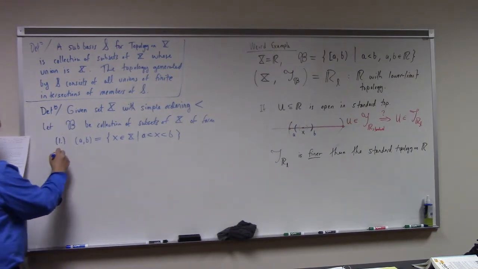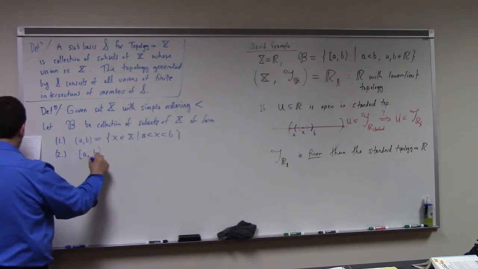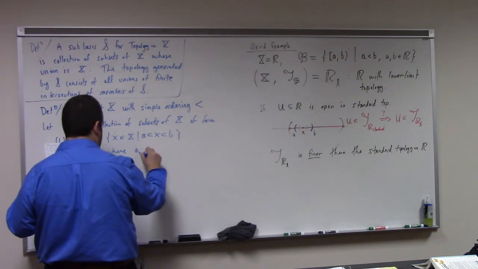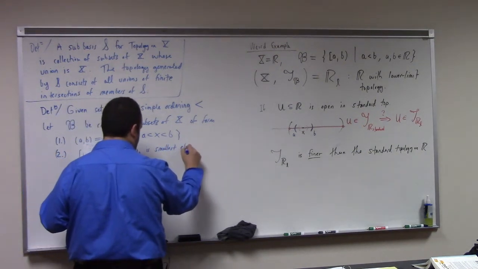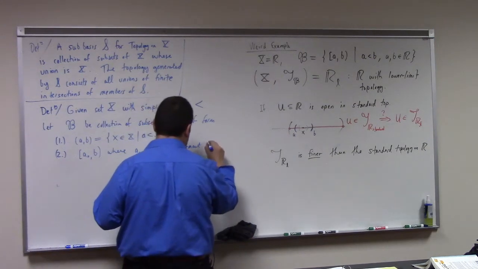Or number 2, of the form [A naught, B), where A naught is the smallest element, if it exists.